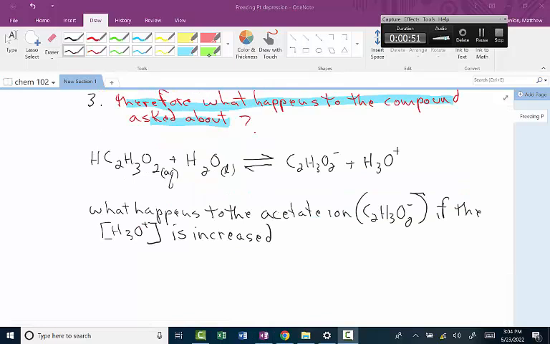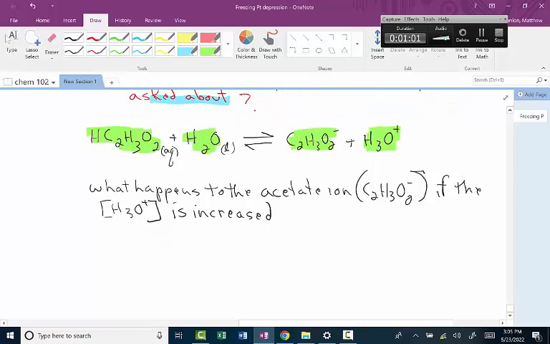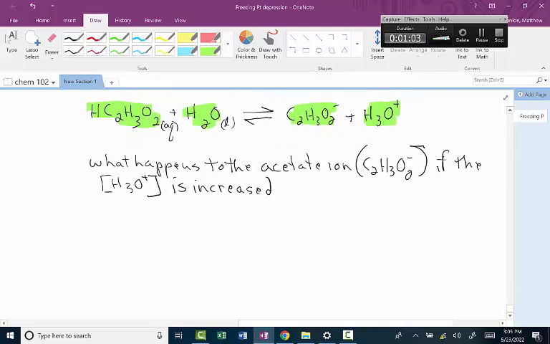So here's our reaction, and you should recognize this as acetic acid, a weak acid, with water to give us acetate ion and H3O plus. And the question is, what happens to the acetate ion concentration if the H3O plus is increased? So here's the question. What's the stress?